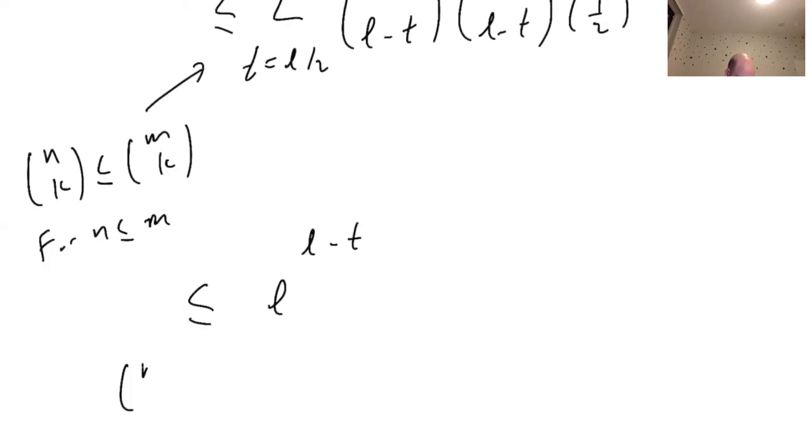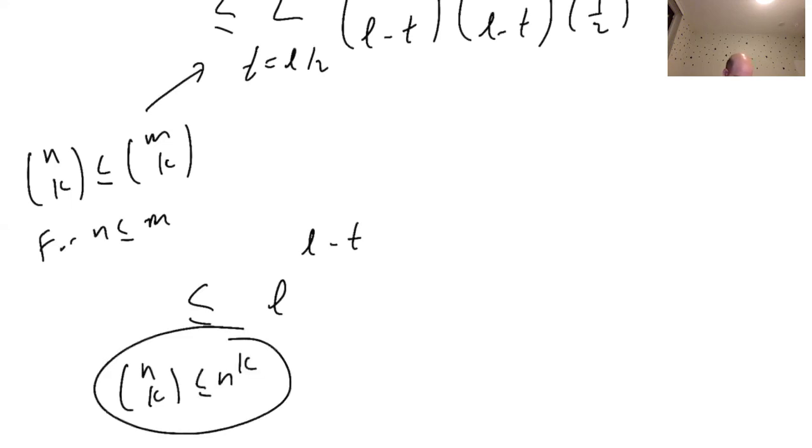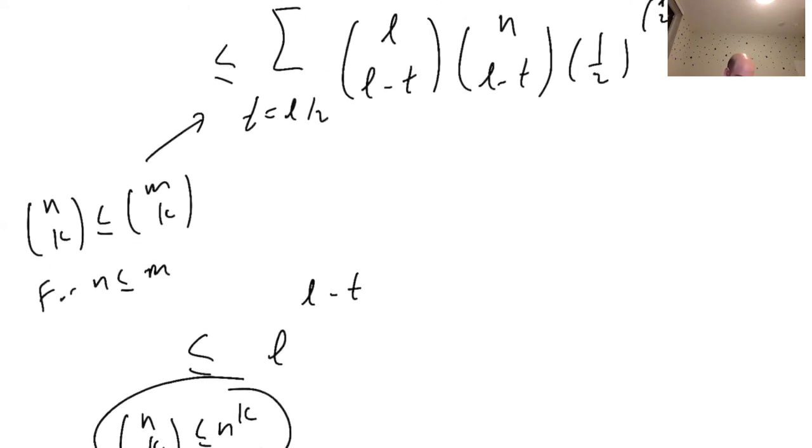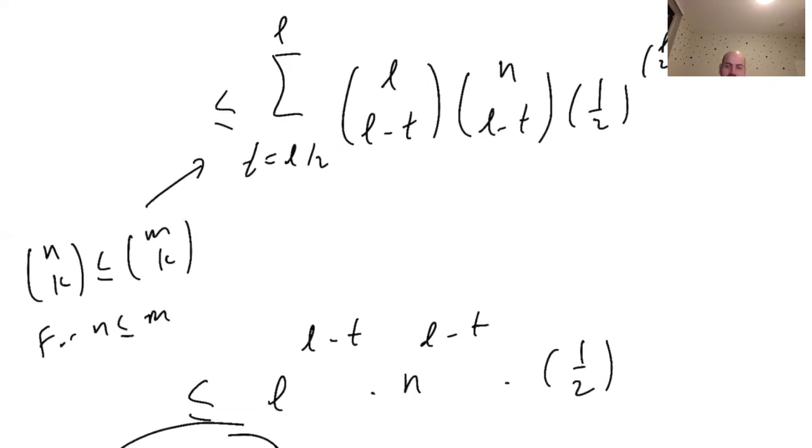Now I can use the fact, remember, that n choose k is less than or equal to n to the power k. It's a basic property of, again, binomial coefficients. So the first term is less than or equal to L to the power L minus T. The second term, n to the power L minus T. And the next term is 1/2 to the power, but L choose 2 means L times L minus 1 over 2.